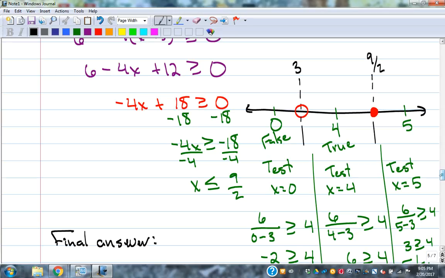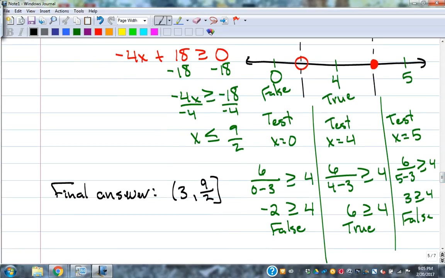So in interval notation, that would be parenthesis 3 to 9/2 bracket. That's our solution set. It's possible that you have more than one region that's true. Then you would combine those regions.